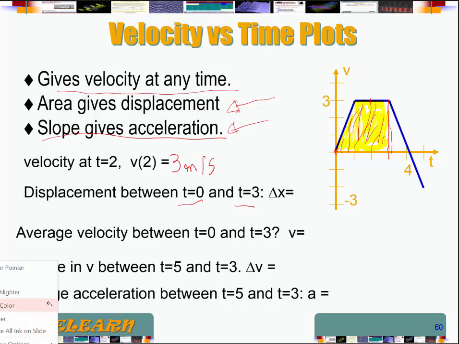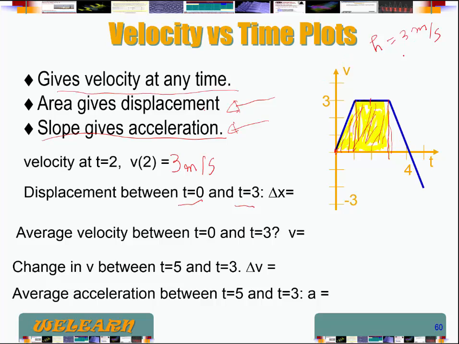So let's start with the rectangle first. The rectangle height is 3 meters per second, because this is in meters per second, of course.